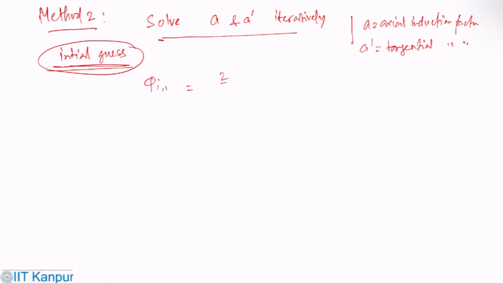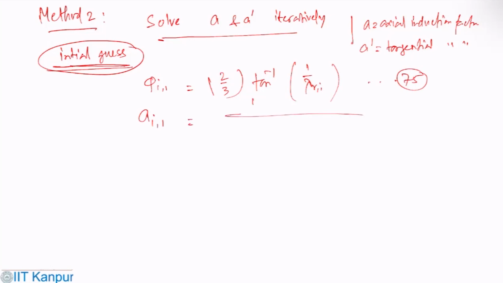So let's say we start with phi i1 is 2/3 tan inverse of 1 by lambda ri, then we get a i1 as 1 by 1 plus 4 sine square phi i1 by sigma prime i CL design cos phi i1.